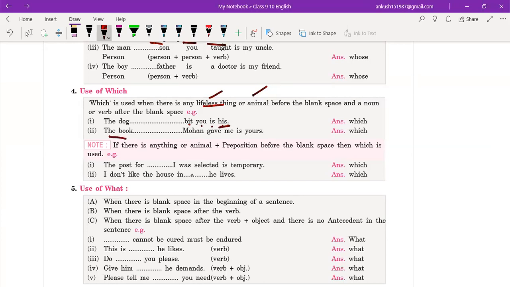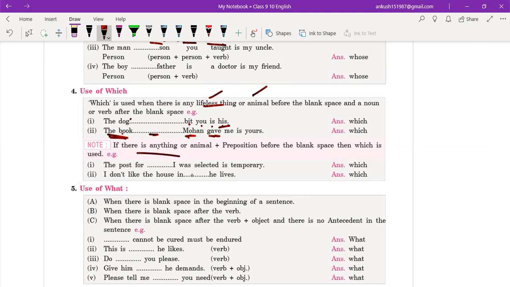The book which Mohan gave me is yours. Thing which, that is a lifeless thing, that is an animal. Mohan is a person and gave is a verb. So in this case, you have to use which.